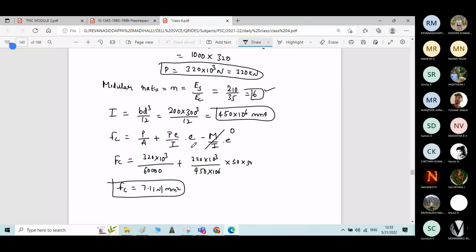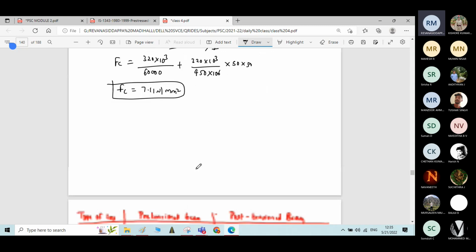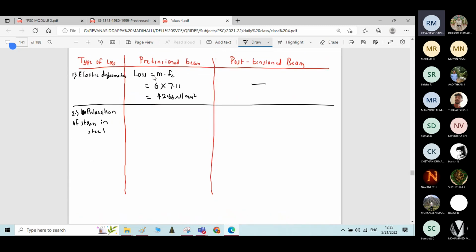The initial stress is 1000 here, so the loss is 5% of 1000, which is 5 by 100 into 1000. You will get 50 Newton per mm square. Loss due to relaxation of stress in steel is there in both pre-tension and post-tension beams, so you will get the same answer, 50 Newton per mm square. So the loss due to relaxation of stress in steel is calculated.